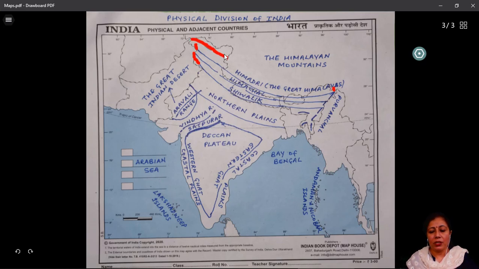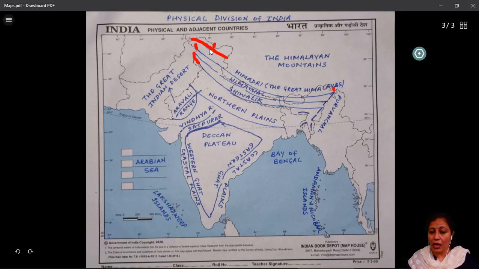In this range, the Karakoram Range, India's highest mountain K2 is situated. Otherwise, the highest mountain is Mount Everest, which is situated in Nepal. So, K2 is the one situated in India.